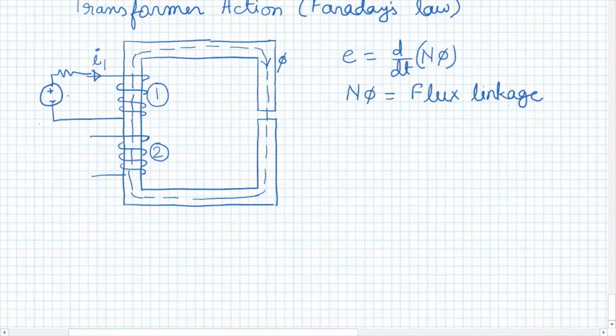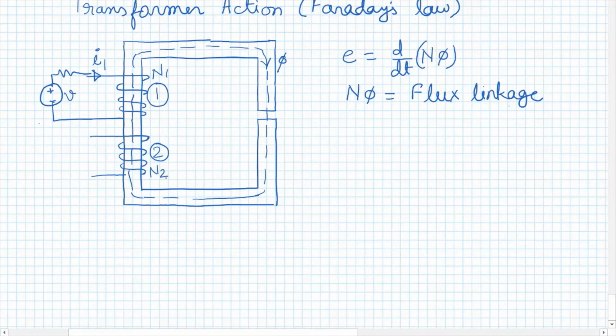Let us say this voltage V is changing with respect to time. This means current will also change with time and flux will also change with time. Because of this changing flux, we will have an EMF induced in coil 1 as well as in coil 2. Let's say the number of turns in coil 1 is N1 and the number of turns in coil 2 is N2.